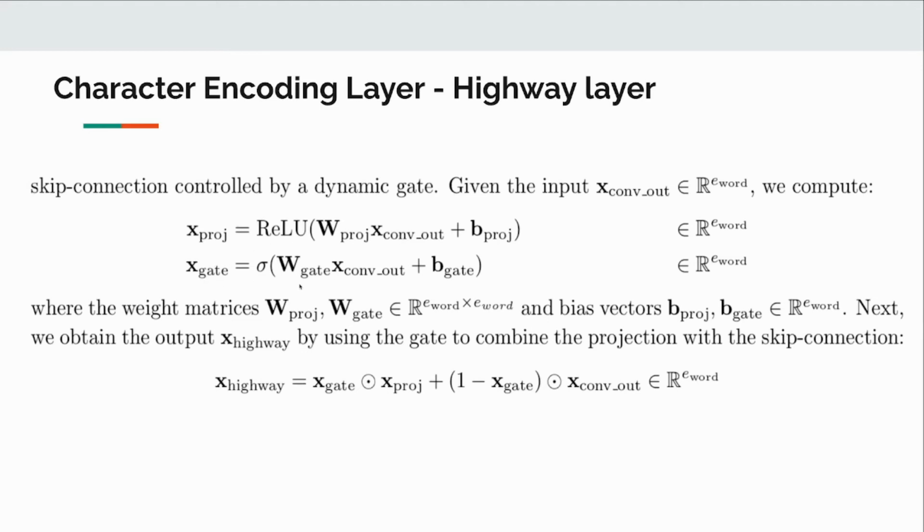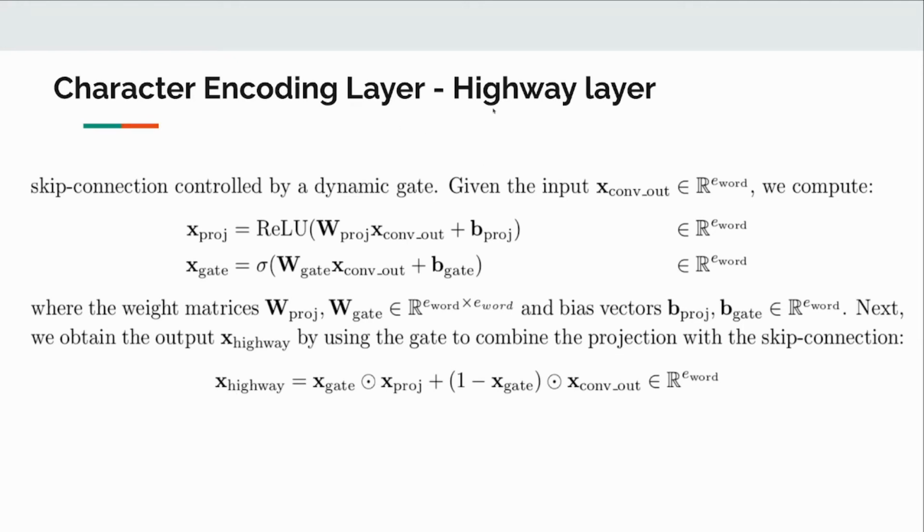We compute X gate by passing through a fully connected layer and sigmoid as an activation function. And the final output, X highway, is controlled by the X gate. As you can see in this equation, 1 minus X gate part comes from the original X, and the X gate part of it comes from the projection, and we just sum those up to get the X highway.